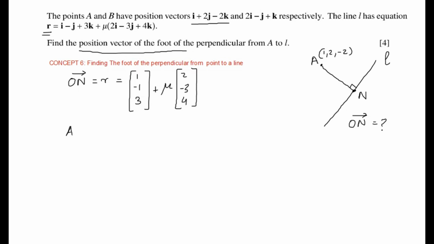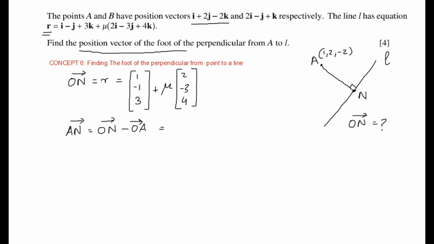So AN is the line perpendicular to the given line L. And I think you might know that in order to find AN, we do ON minus OA. That's how you represent a vector in terms of the position vectors of its start and end points. Right. So ON, we've just written it down here.